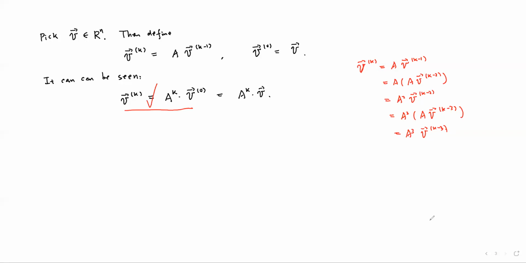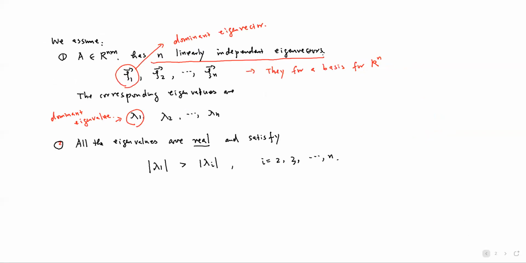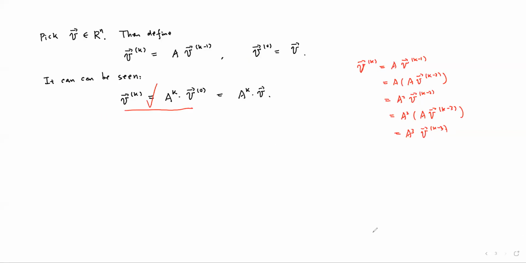Now I use the first assumption. The eigenvectors form a basis for R^n. Therefore, I can write the vector V as a linear combination of the eigenvectors. So write V as C1, some number, times eigenvector psi 1 plus C2 psi 2, and so on.